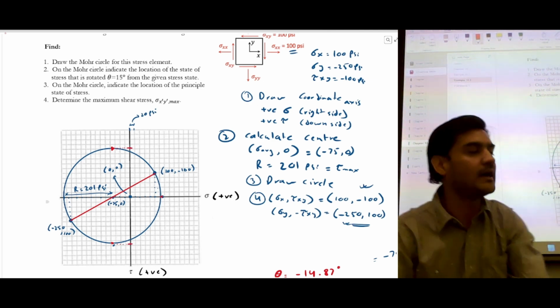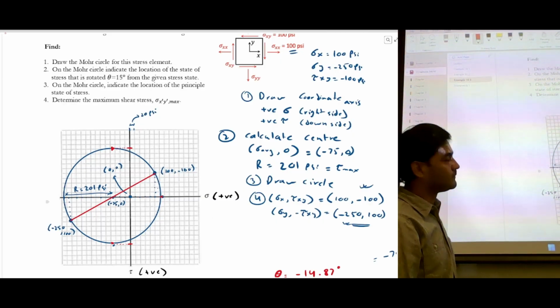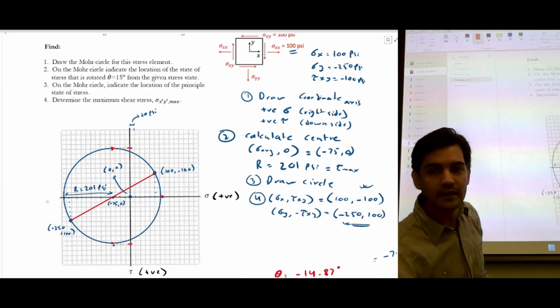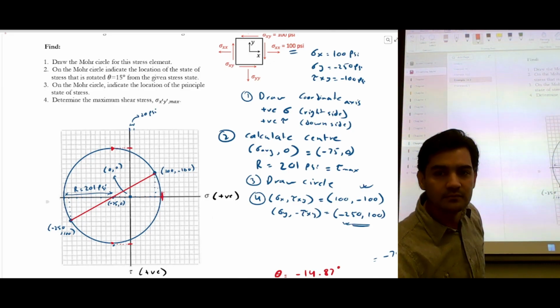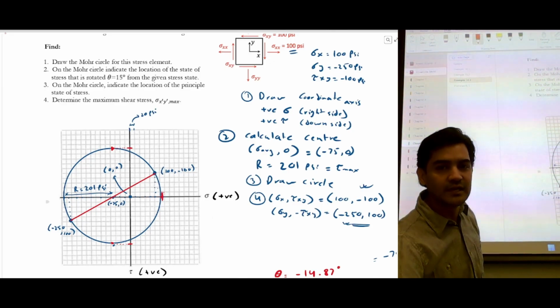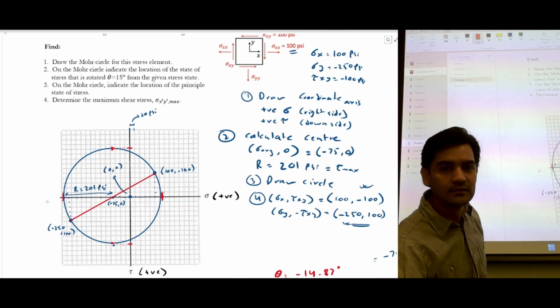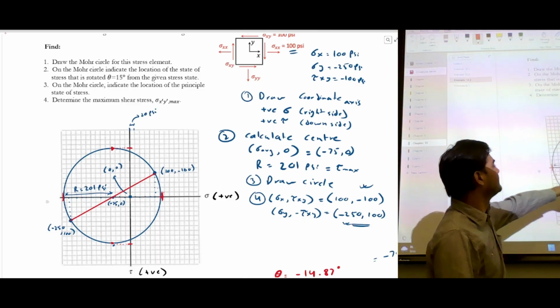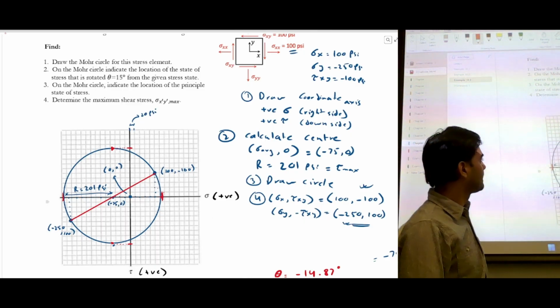Does it make sense? And here you'll get the maximum normal stress, and this is also negative, but maximum.